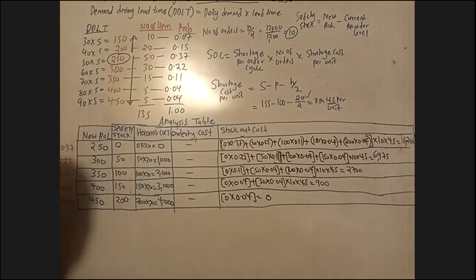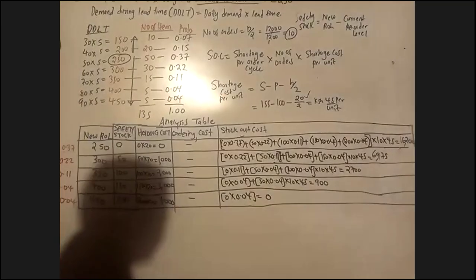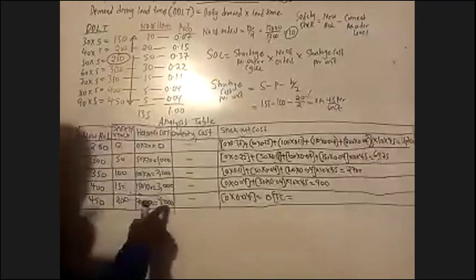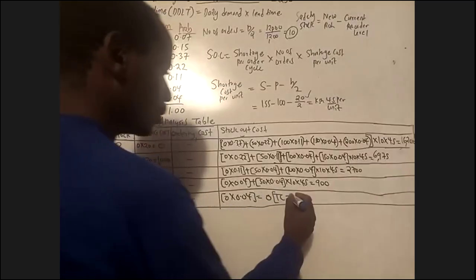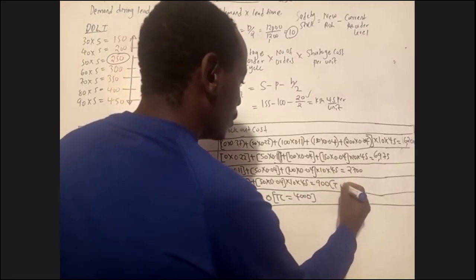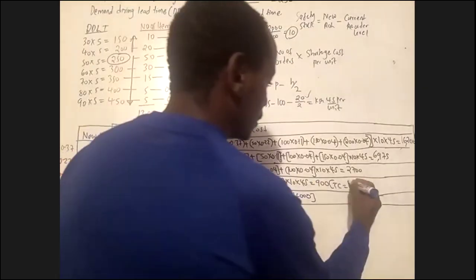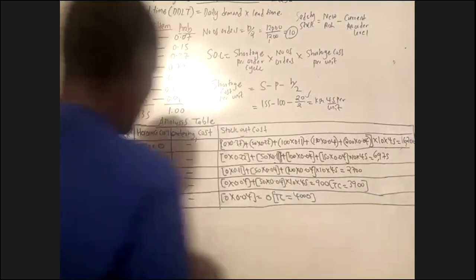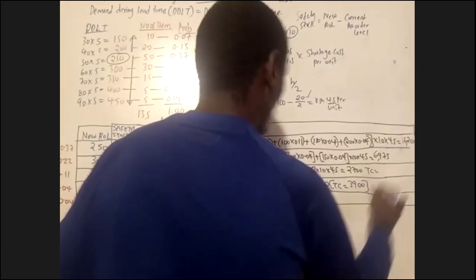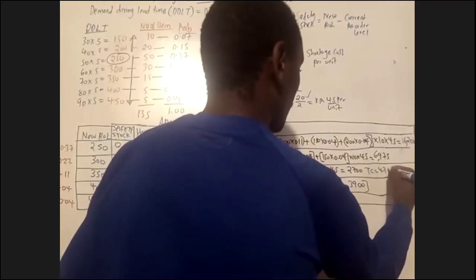Aya, total cost. Now you can find total cost for each. Total cost ya huyu ni 4000 peke yake. 4000 per 0 ni 4000. Aya, kwa huyu total cost ni 3000 plus 900 ni 3900. Ya tatu ni 2000 plus 2700, which is 4700.